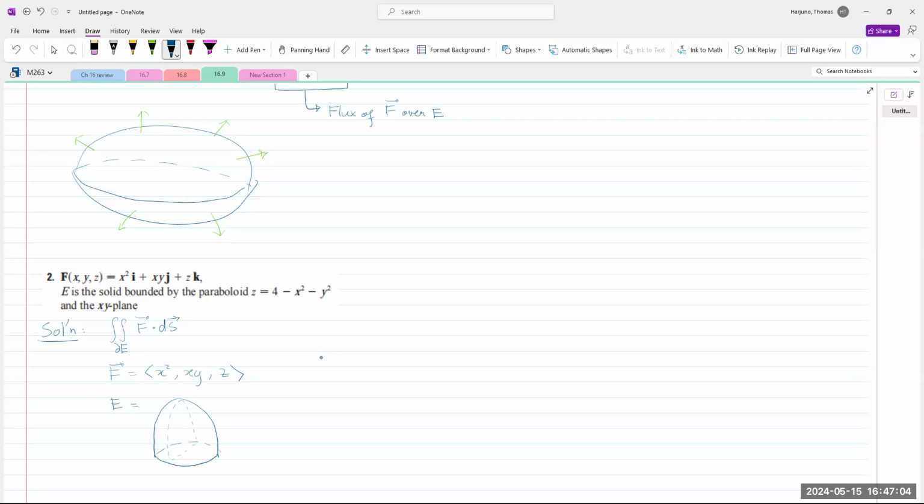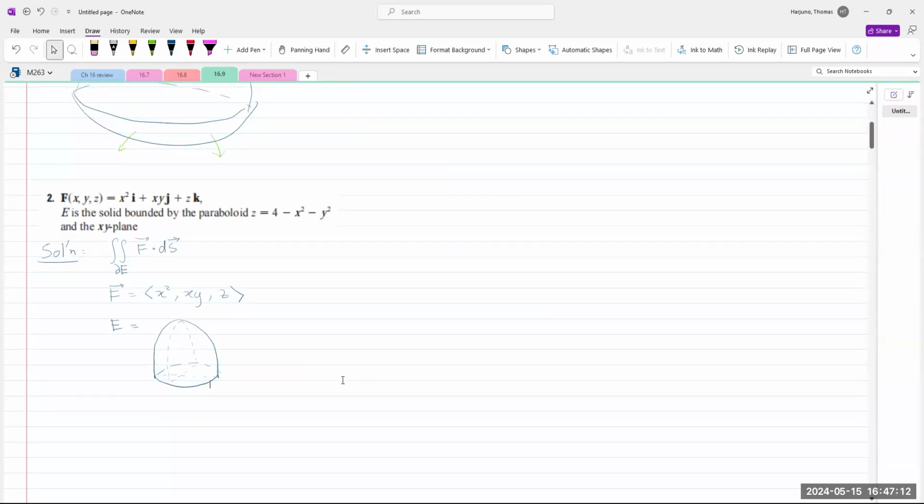Now, notice that this solid is bounded not only by the paraboloid part, but also by the bottom. So the boundary of E actually consists of the paraboloid part union the xy-plane part.